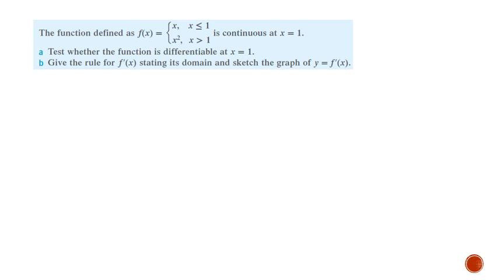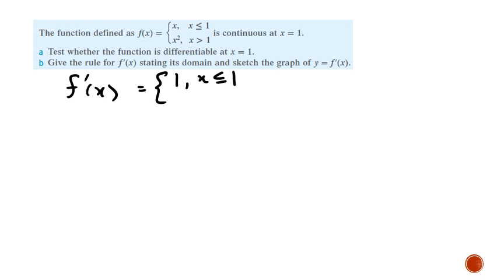Then this is the same thing. You check if it's differentiable at x equals 1. Now, here's one more thing. If you read the slide before, the derivatives have to be the same. So, if I differentiate the first one, what do I get? Differentiating x gives me a 1.